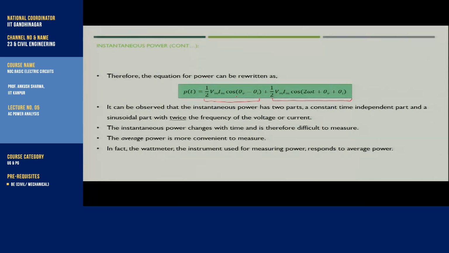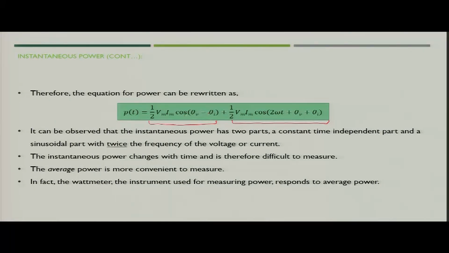Now, if you carefully see these two terms, the first term is constant because there is no time dependent portion available in this particular term. While if you see the second part, it has the sinusoidal part which has a frequency of twice the frequency of voltage or current. So, these two terms are defining the instantaneous power.